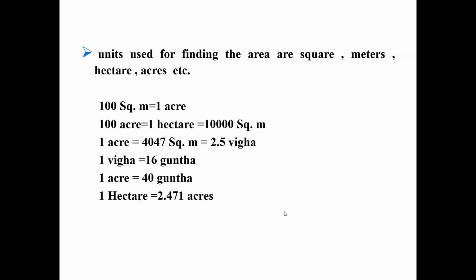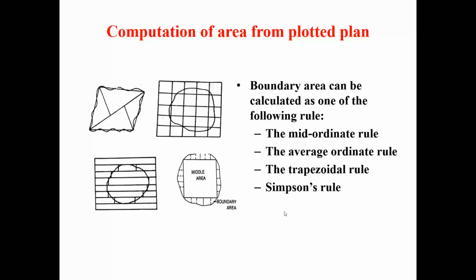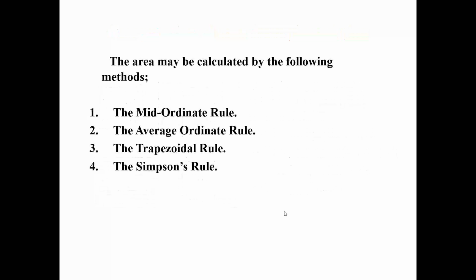The first is the mid-ordinate rule. The second is the average ordinate rule. The third is the trapezoidal rule. The fourth is Simpson's rule.